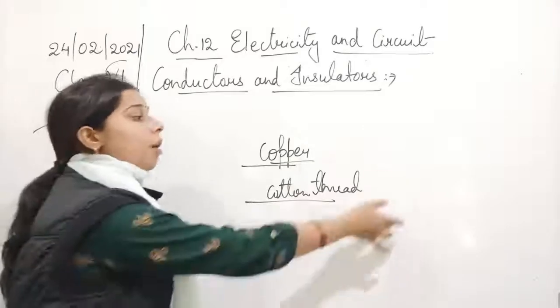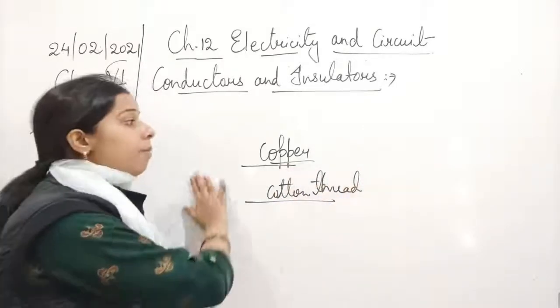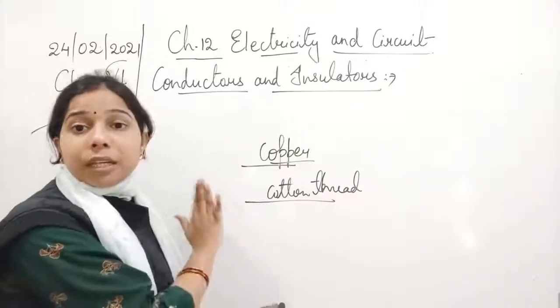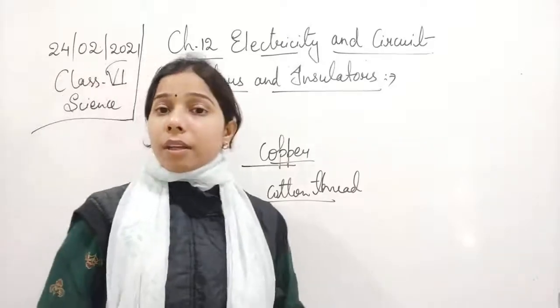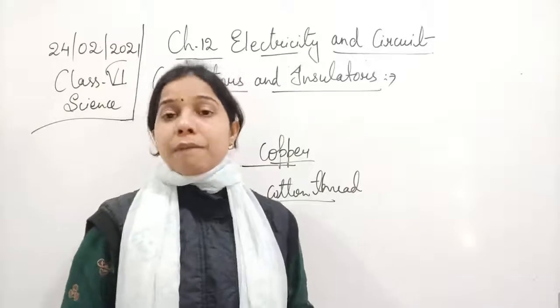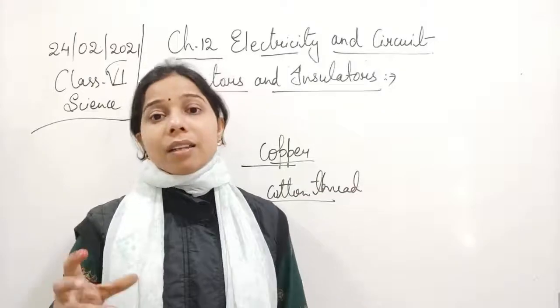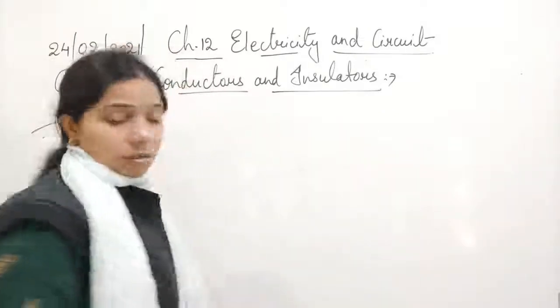It means it is not providing a path. So we can say that there are materials which provide a path for the electric current, and there are materials which do not give a path for the electric current to flow. On the basis of that, they have divided the materials into conductors and insulators. So let us see what a conductor and an insulator are.